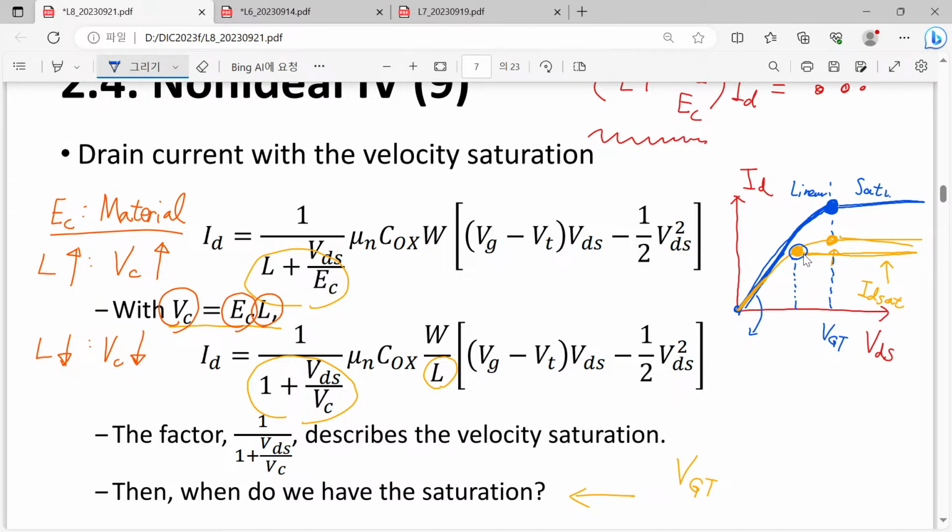Then our saturation value will also be much lower than this value.